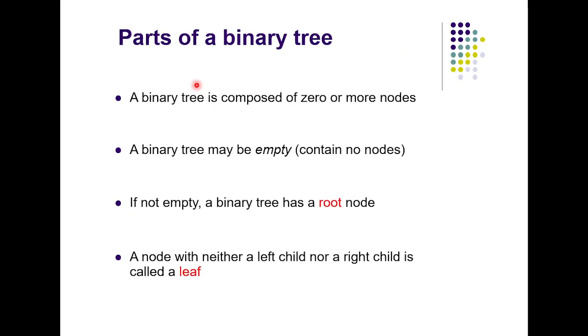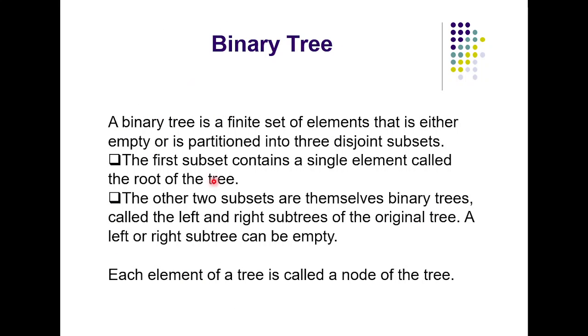As we see in this definition, the other two subsets are called the left and right subtrees of the original tree. A left or a right subtree can be empty.